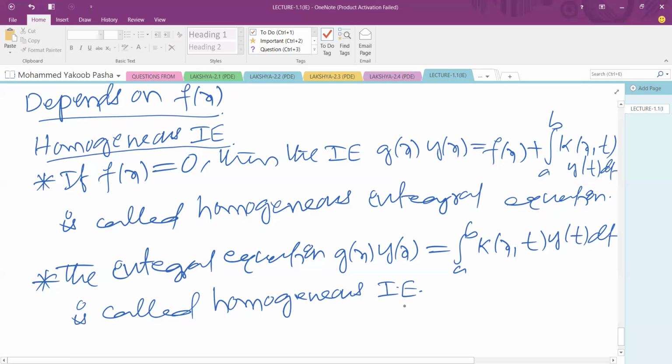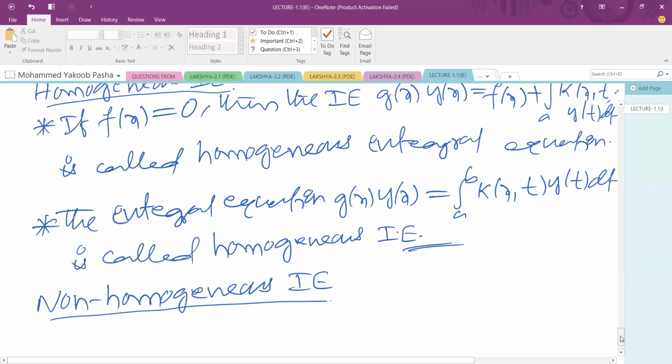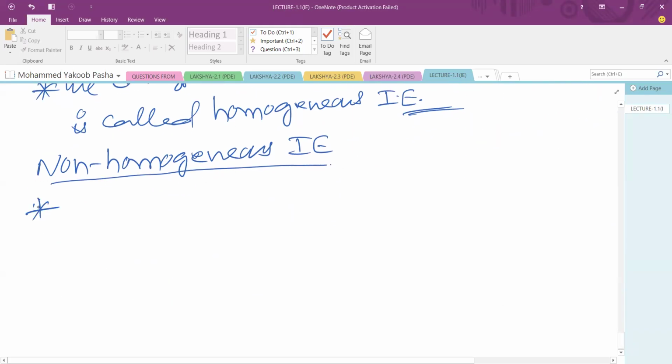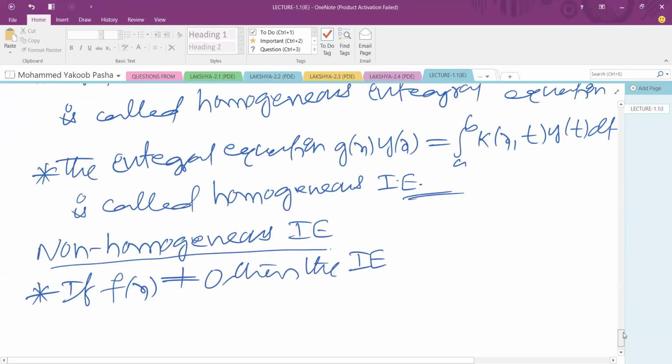Now non-homogeneous. Non-homogeneous means simply when f of x is not equal to 0. See the definition. If f of x is not equal to 0, then what is the general form of the integral equation?